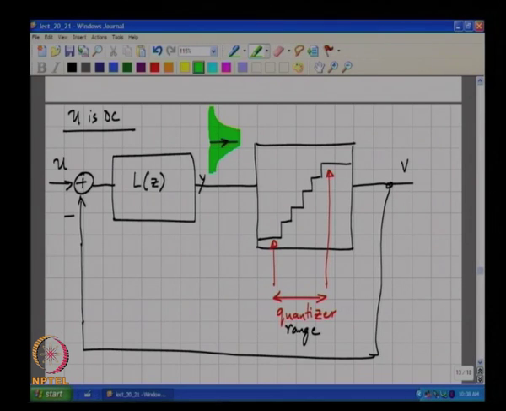And we understand that the variance of this noise will keep increasing as the noise transfer function's gain at high frequencies goes on increasing, all right. So, this is the actual input into the quantizer, correct, and the output of this quantizer is a quantized version of this input, which is DC plus some noise. Okay, it is a nonlinear function of DC plus some noise.